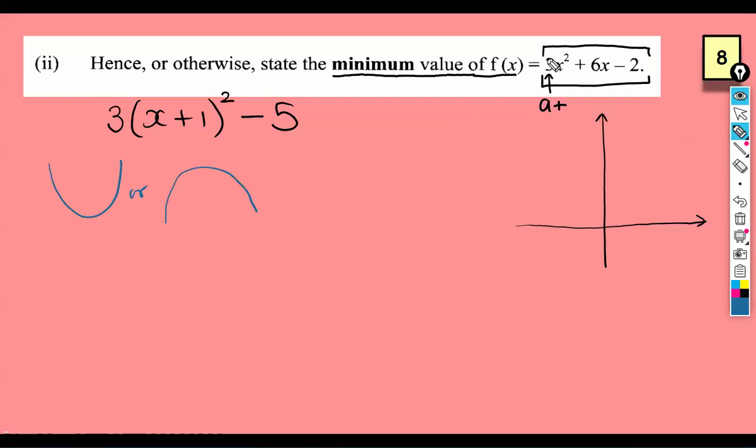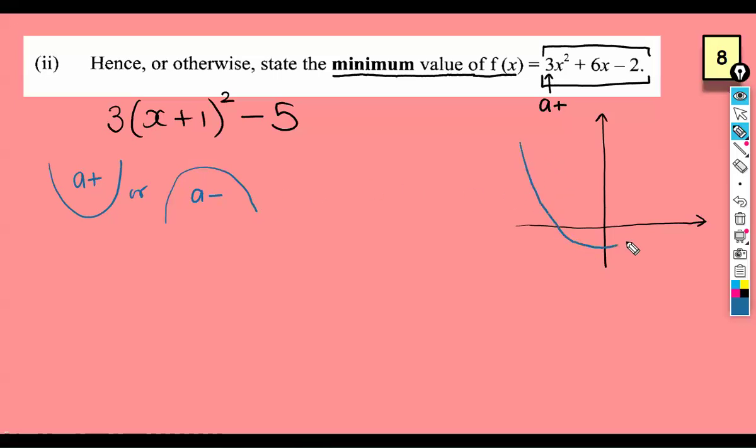Some of you are guessing, you didn't go back in the notes to look for it. Whenever A is positive, you get a smiley face. If A is negative, you will get a sad face.